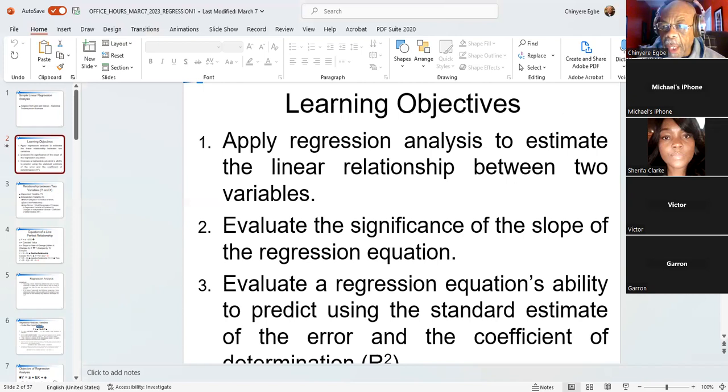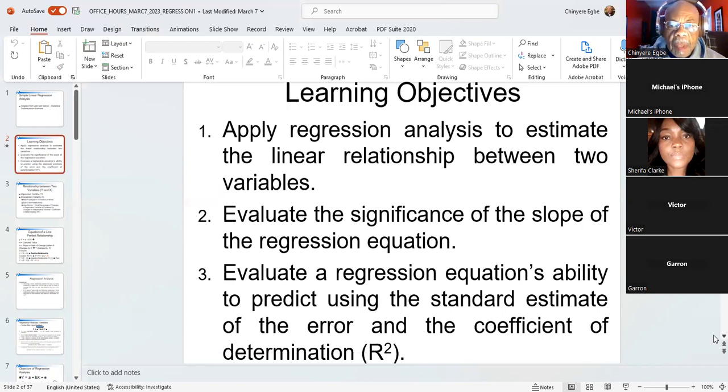The question is whether that number is meaningful, whether it does indicate a true relationship, whether there's a relationship at all between two variables. That is what we mean by evaluating the significance. When we evaluate the significance, we ask ourselves whether the slope we have is a zero slope, or if it is a slope that's significantly negative or significantly positive.